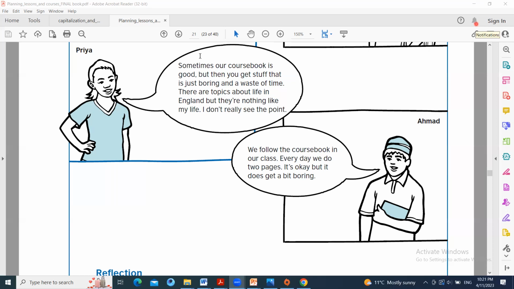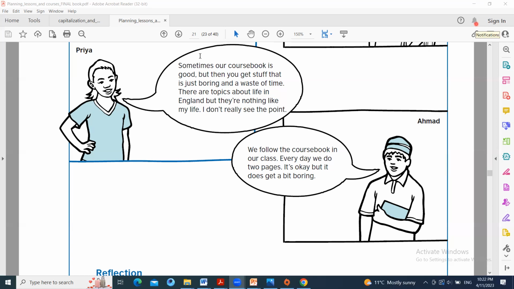Also, the teacher could stop doing everything in the course. Select things that are appropriate for his or her learners, and reject things that are not interesting or helpful.